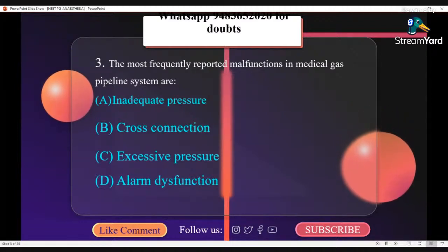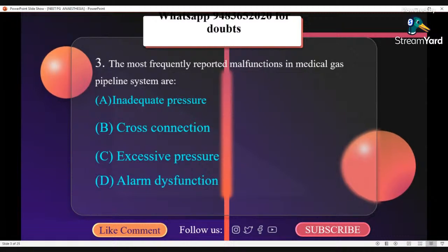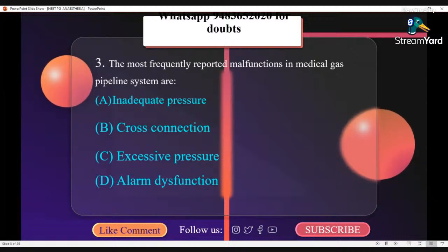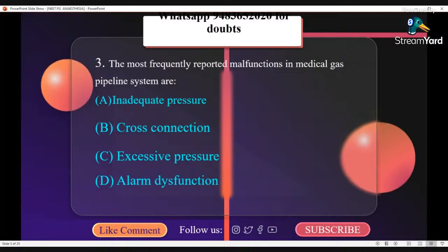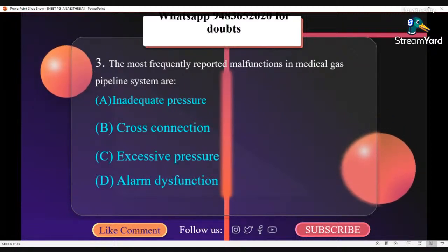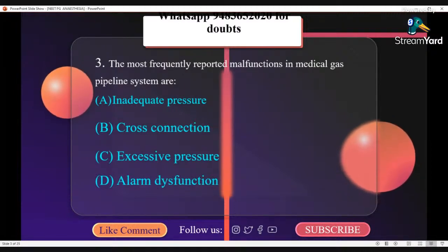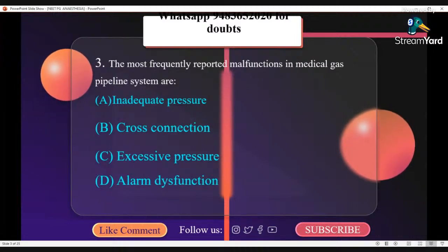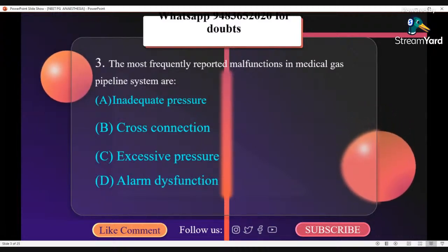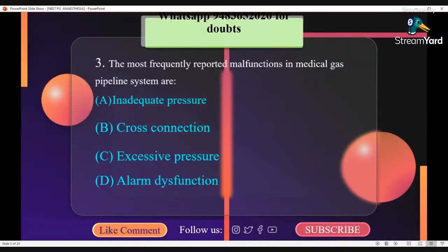So the most frequently reported malfunction in a medical gas pipeline system is inadequate pressure. As I have already told, it is inadequate pressure. So the correct option here is A.